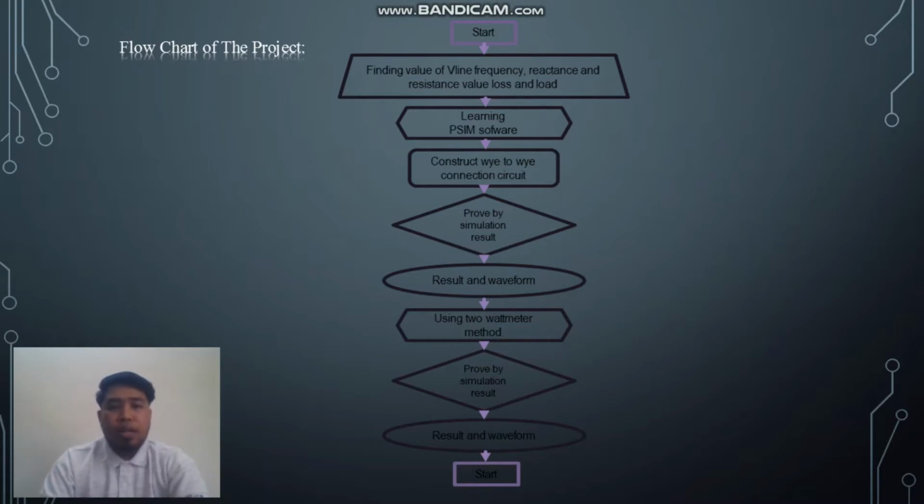Then the project goes through learning the PSIM software, and then I need to construct the Y-to-Y connection circuit in the PSIM software, and then I need to prove it by simulating the result from the PSIM, and then I will get the result and the waveform. Next I need to apply the 2 wattmeter method, and also run the simulation and get the result and the waveform, and that's the end of this project.